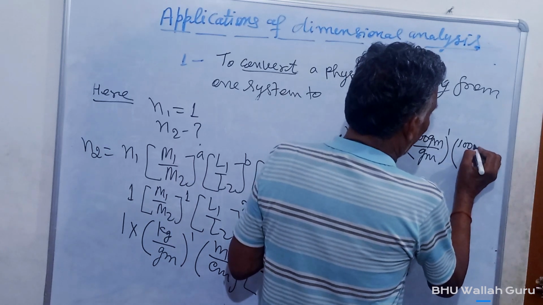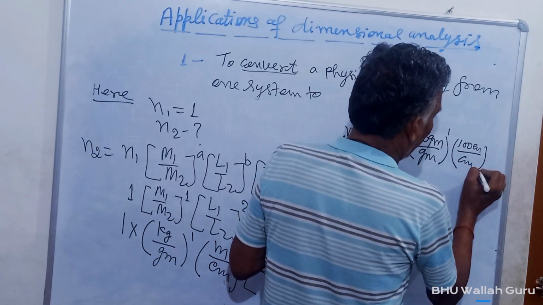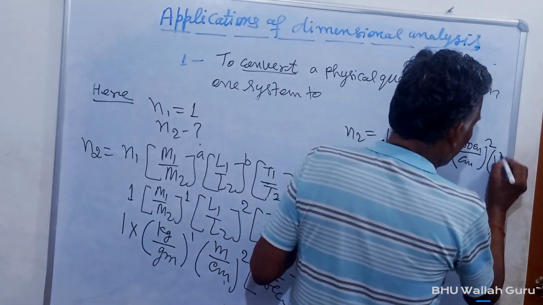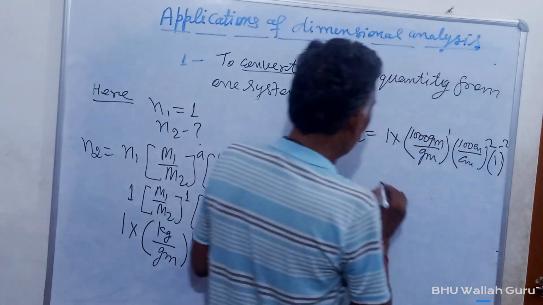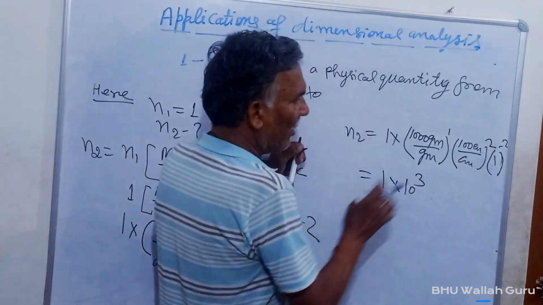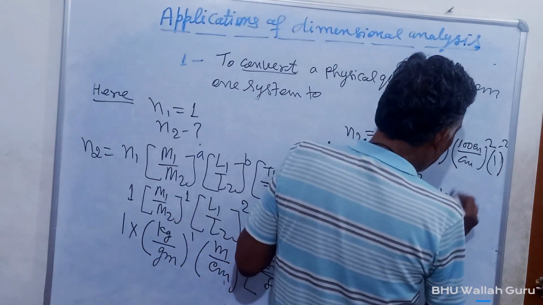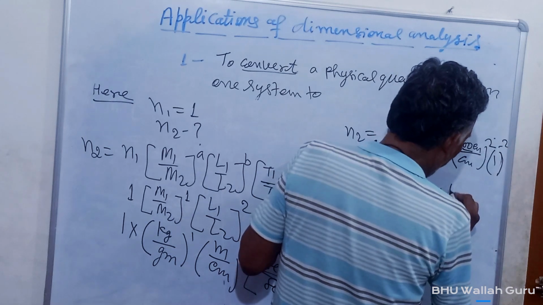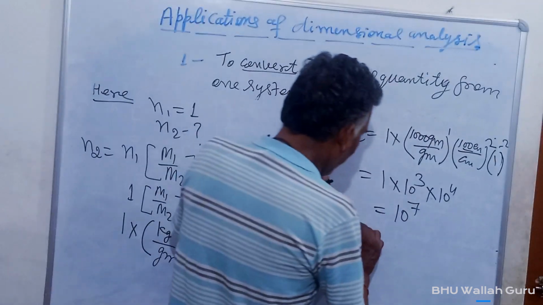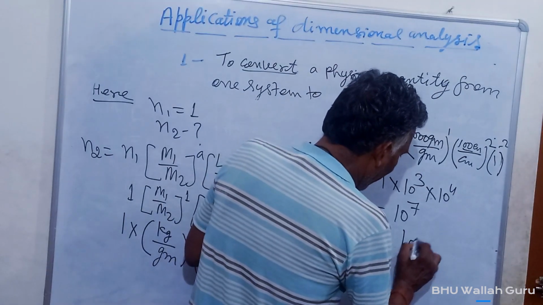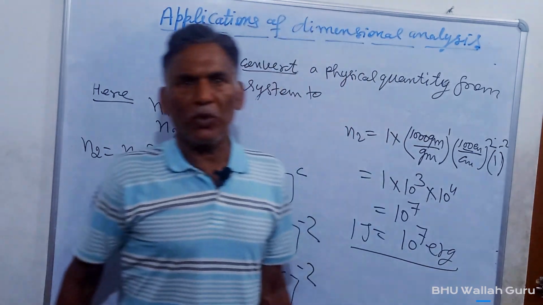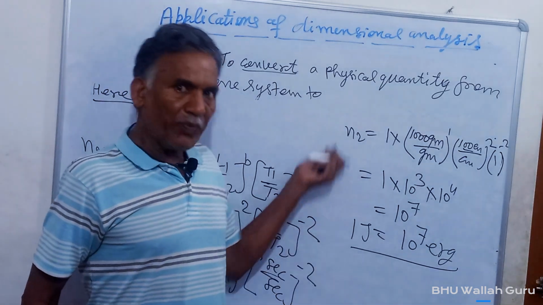It is 100 centimeter upon centimeter, power 2. Here second and second cancel out, 1 power minus 2 is 1. Now 10 raised power 3, 10 raised power 2 squared is 4, so 10 power 7 is the value of n. So 1 joule is equal to 10 raised power 7 erg. Add the process.